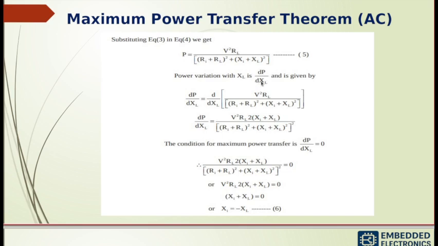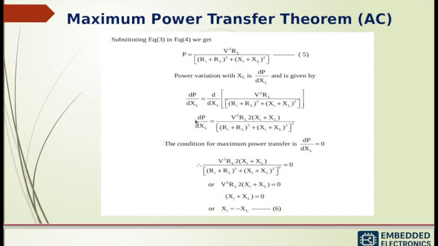Now for XL, dP by dXL is given by taking the derivative. So dP by dXL is equal to, take the derivative. We know the U by V rule, so apply the U by V rule, then it will become like this.